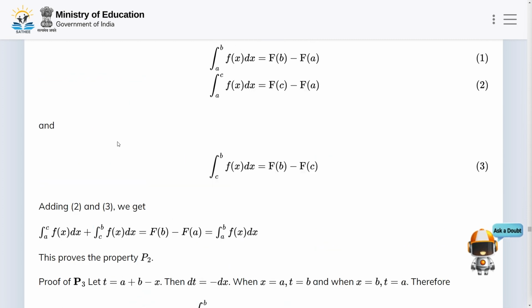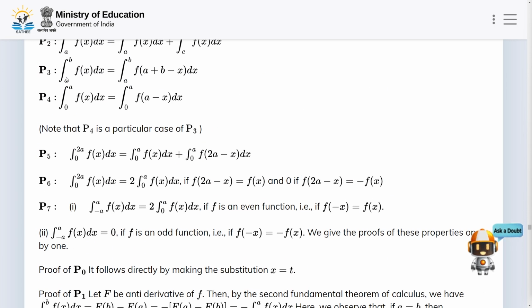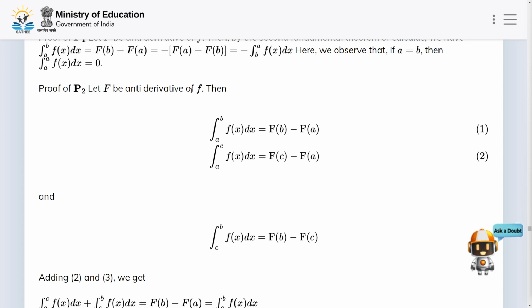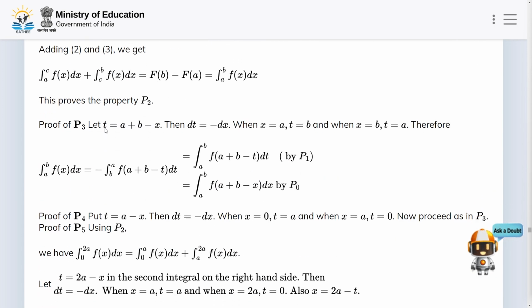P3 says the definite integral from a to b of f(x) dx can be rewritten as the definite integral from a to b of f(a plus b minus x) dx. So substitute t equals a plus b minus x. This means dt will be minus dx.